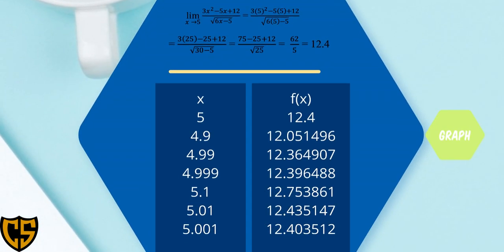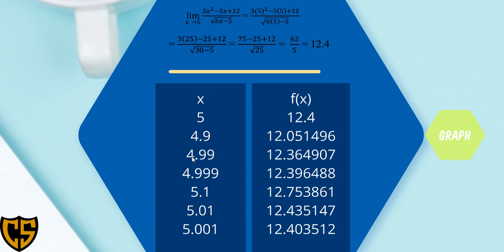Okay, another example, we have these values. It is the same as what we did and discussed during the Zoom meeting. Substitute values from the left and from the right. This time, the values are not separated into two tables, but we use just one table for x. Substitute the values to find the value of the function of x.